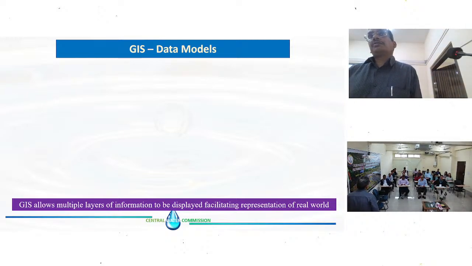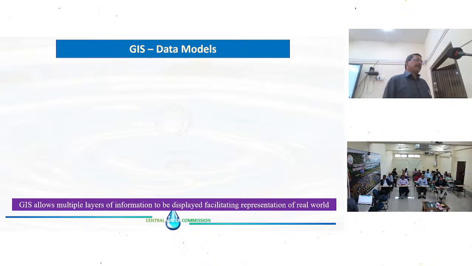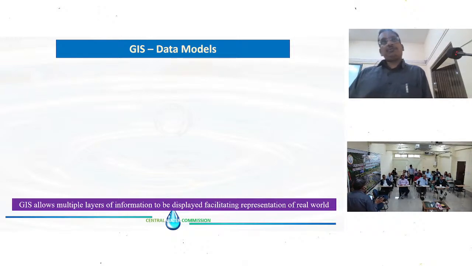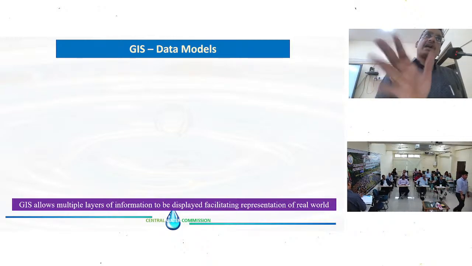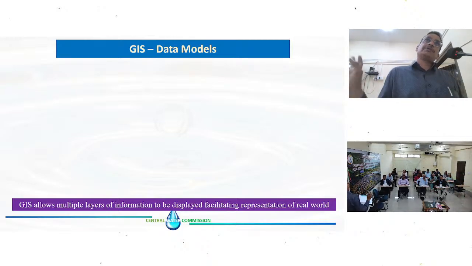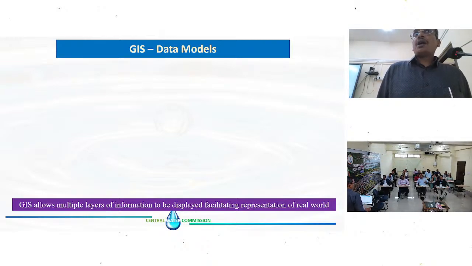No. Even vector data or raster data will have spatial and non-spatial components, because both are GIS data models, and GIS means it will compulsorily have spatial. Without a spatial component, we will not term it as GIS.